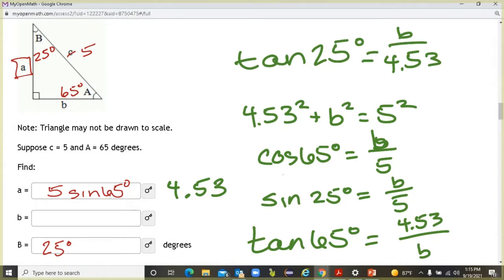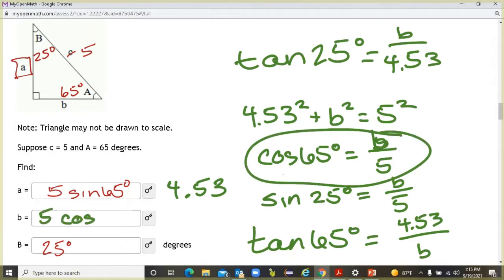I'll use this one. So I'm going to say that this is 5 times the cosine of 65 degrees. And again, I don't care how you find it as long as you show me your work. So either write this down or any of these.